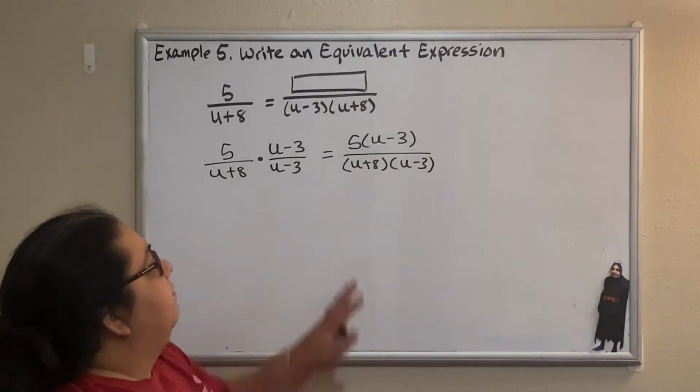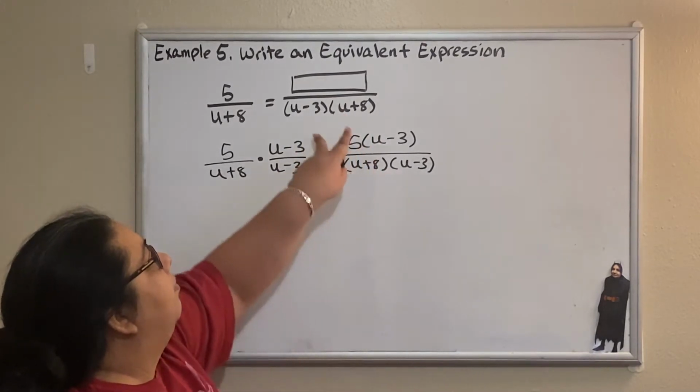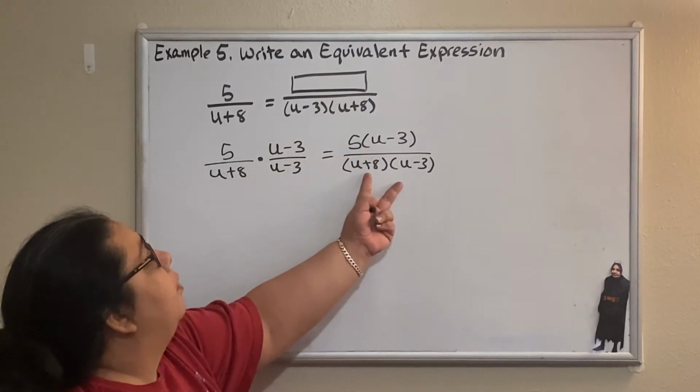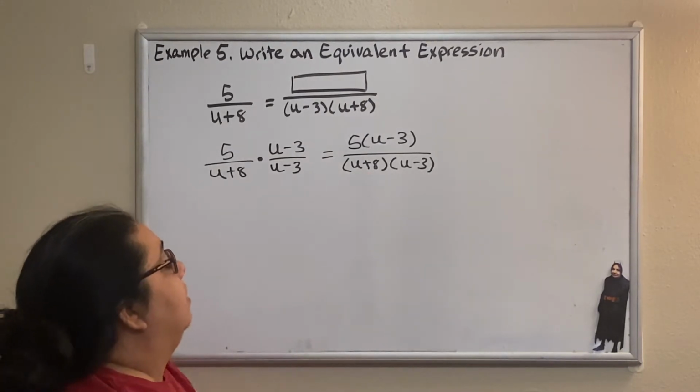Now, we could leave it like this because even though these are reversed, that's okay. Remember, numbers have a commutative property when multiplying. So if they're reversed, that's actually the same thing.